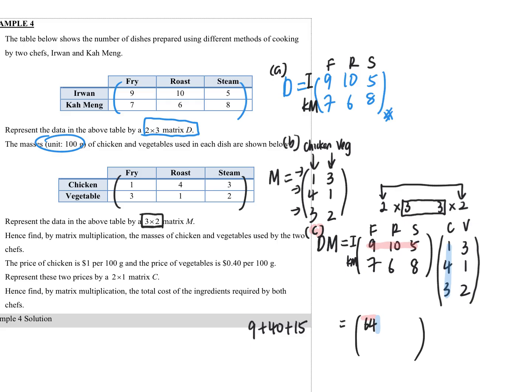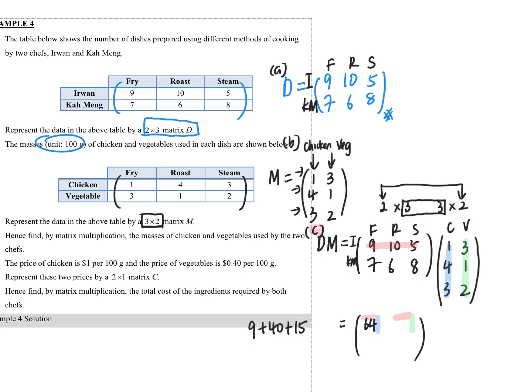So this tells me the masses of the chicken used by Erwan for all 3 methods of cooking. This is for chicken. Then I want to check for vegetable also, so I do my red times green.